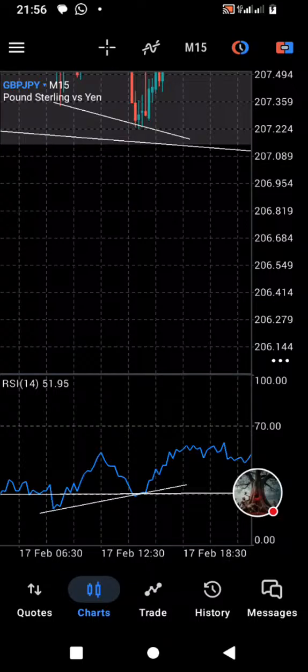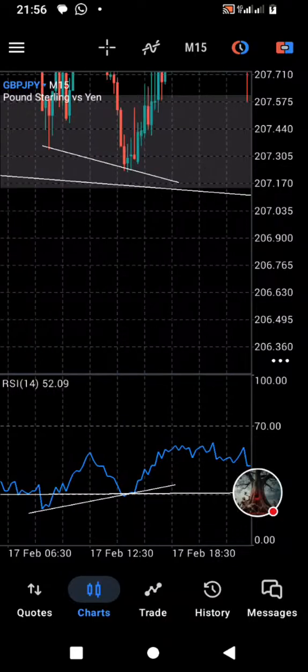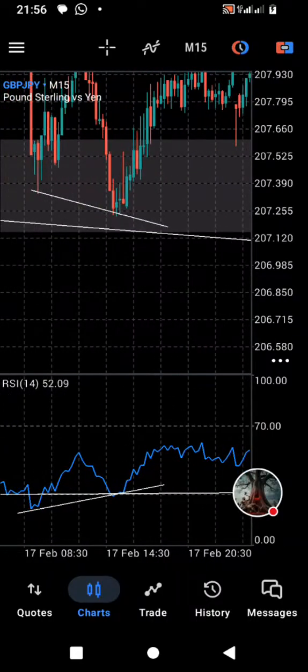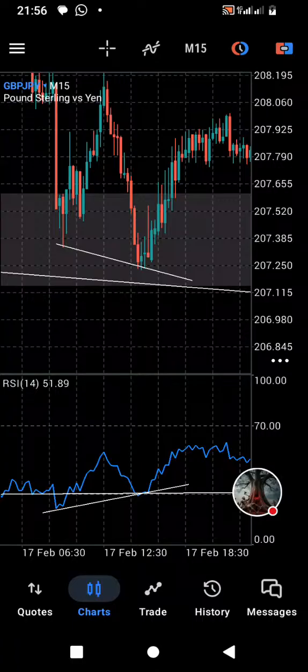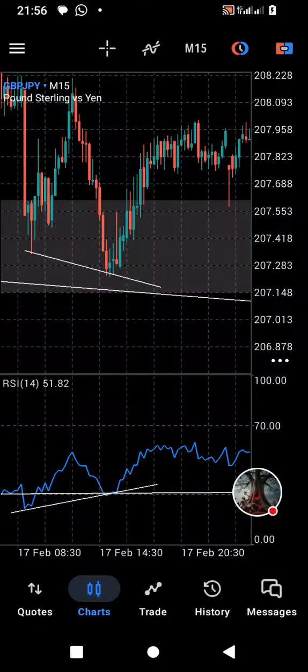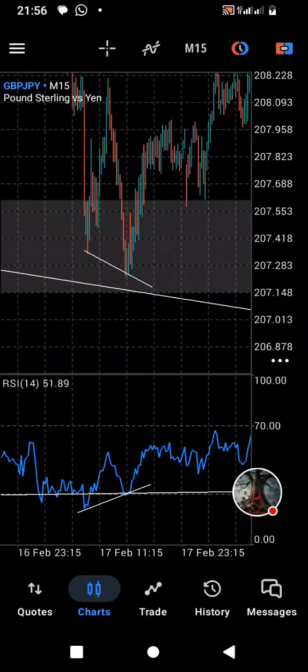Two lines walking in opposite directions. This one up here was giving us the downtrend, the first movement, while the one down in the RSI is giving us an uptrend movement. That's the sign for the divergence, the reversal.